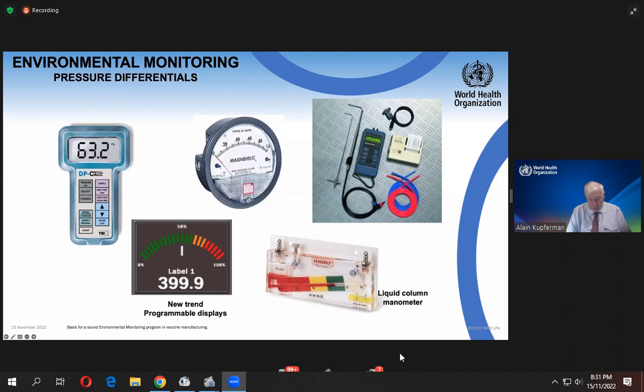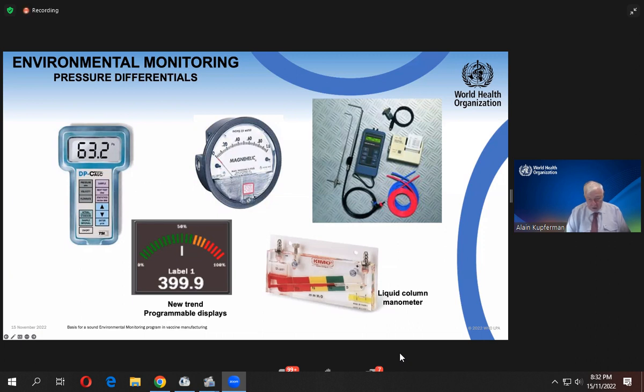But we tend to replace those with digital instruments. And those digital instruments are programmable. That means you can make a little mark to say, okay, this is the allowed range of pressure that I want to have here. You can program that, say, from here to here it's green, from here to here it's red, etc. So this is coming more and more, those programmable displays, which are digital instead of analog instruments.